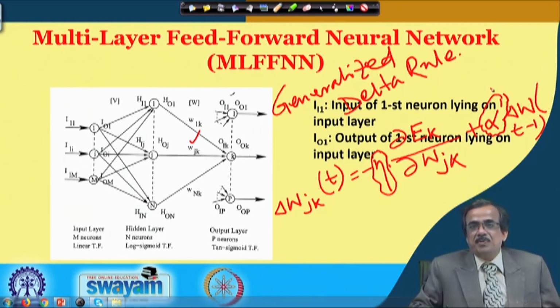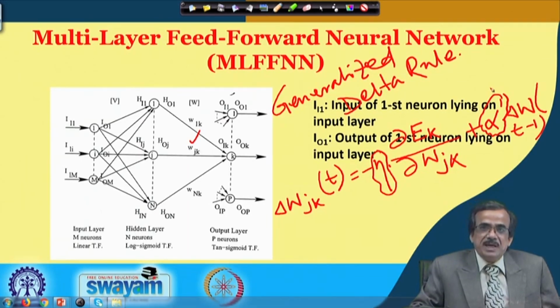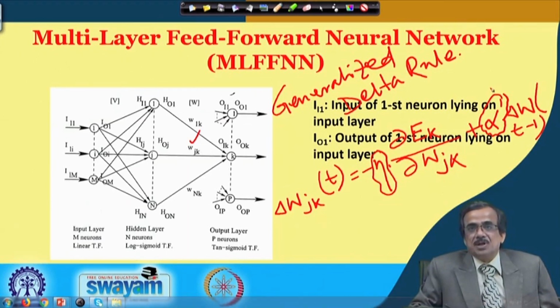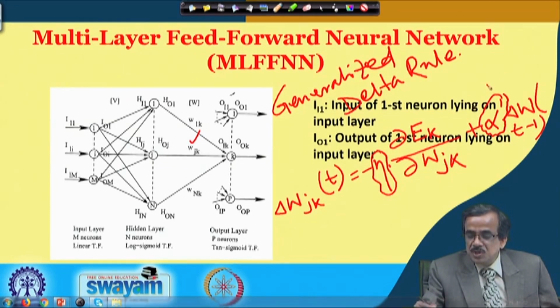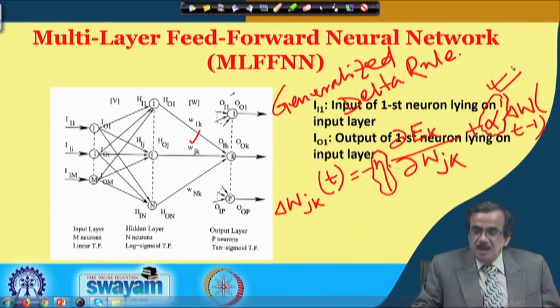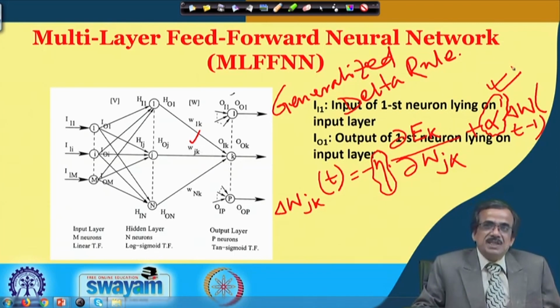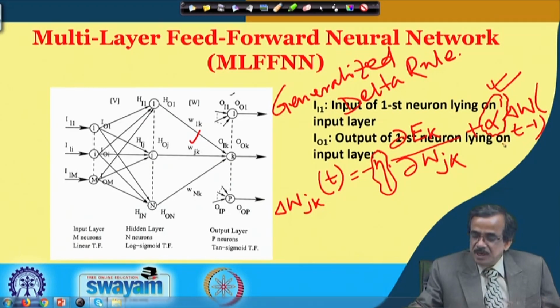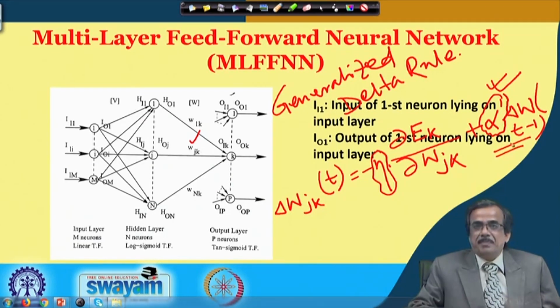If you want to provide some sort of damping effect or cushioning effect to the network, we will have to use this momentum term. Now, here there is one mathematical reason why you put this momentum term.